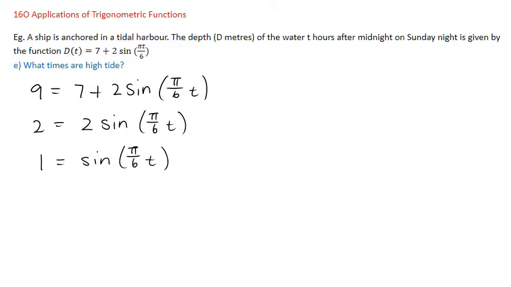Now we want to get t on its own. So what do we take over the other side? Sine becomes inverse sine. Inverse sine of 1. Now, for what angles does sine equal 1?